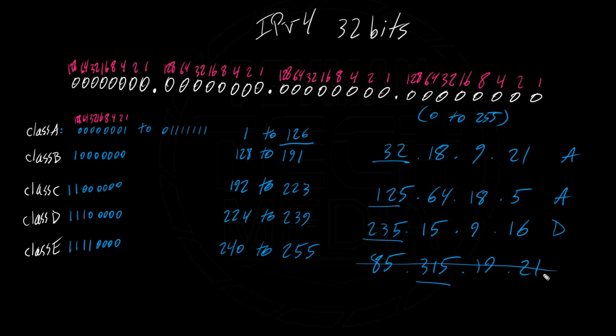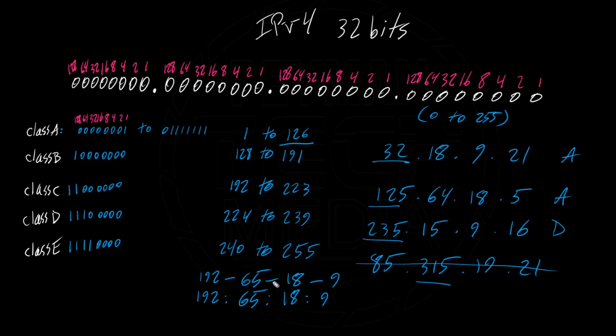In other words, we don't see an IP address like 192-65-18-9, or 192:65:18:9.